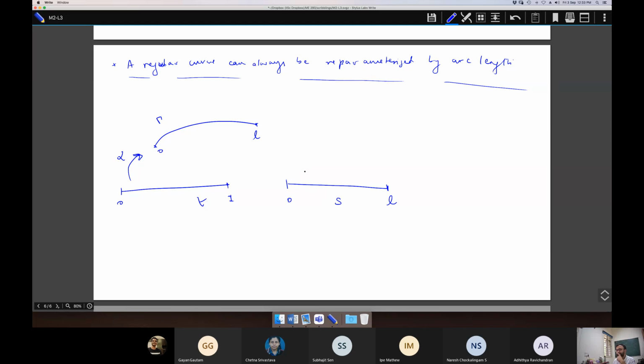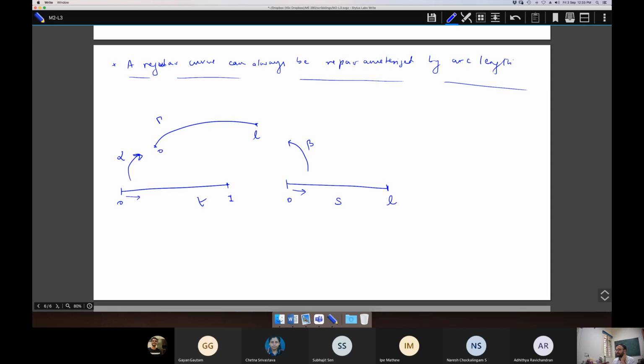We're close. There is some mapping alpha cap, which let's also put maps to the curve. Okay. So it's saying that given this curve gamma, you can always express the same curve as a function of arc length, right? So the speed here need not be 1, but the speed here is necessarily 1, right?